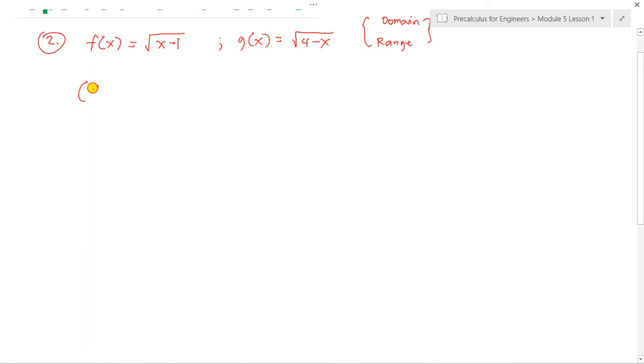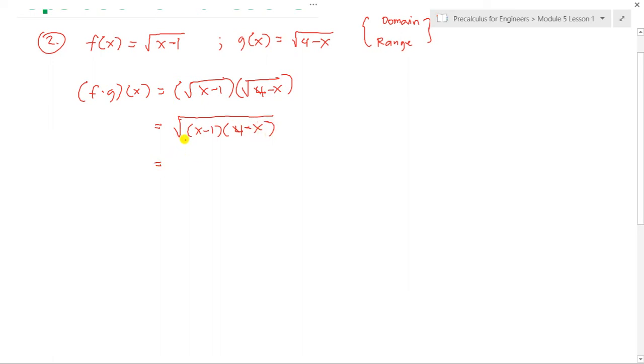So we have here f dot g of x, which is just equal to the square root of x minus 1 multiplied by the square root of 4 minus x. When multiplying two radical expressions, you just remember the property: if they have the same index, you can just multiply the insides of the radical sign. So you have x minus 1 and 4 minus x.